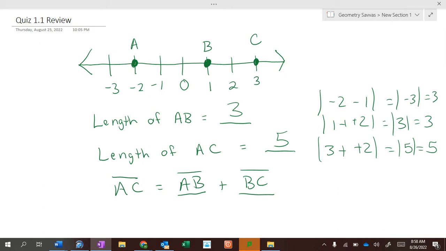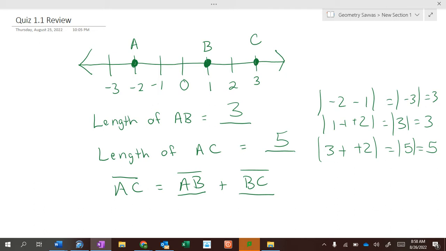Okay. So, on your quiz and on a whole bunch of quizzes and tests this year, if it says mark all that apply or check all that apply or something like that, that means there's more than one answer. Question 1 might have 2 answers. It might have 3 answers. Question 2 might have 2 answers or 3 answers. Okay?